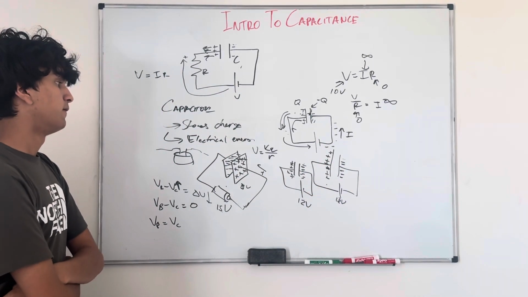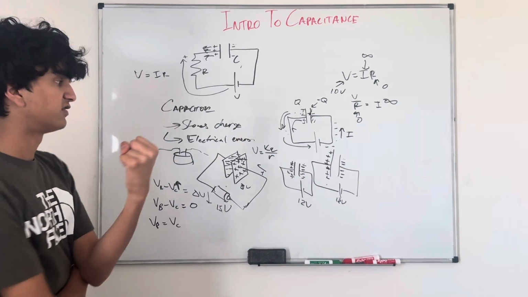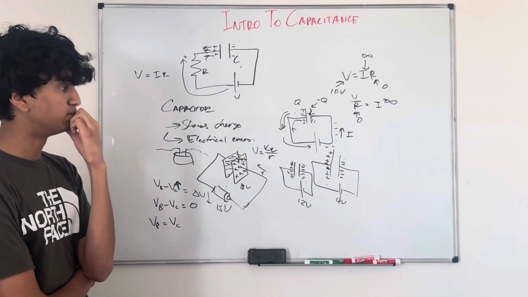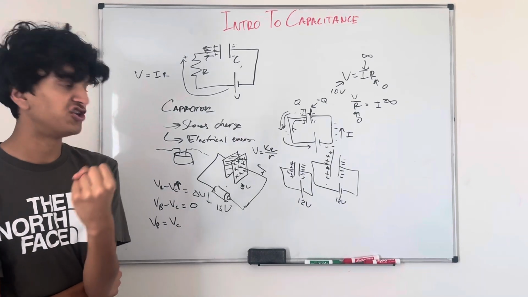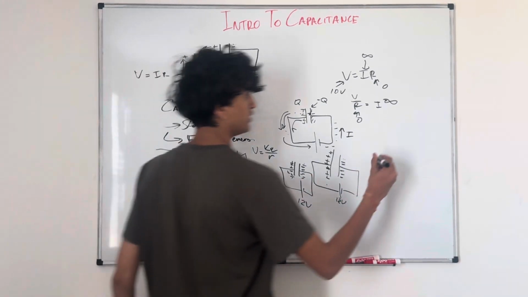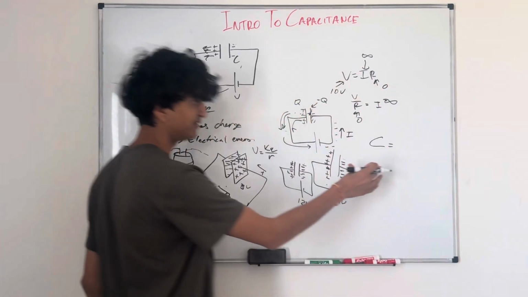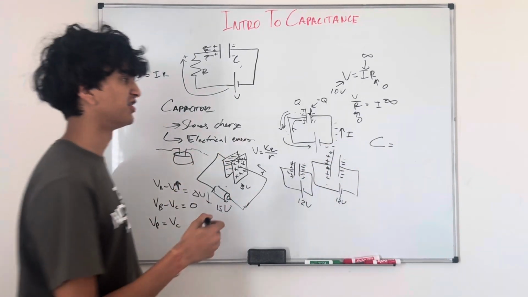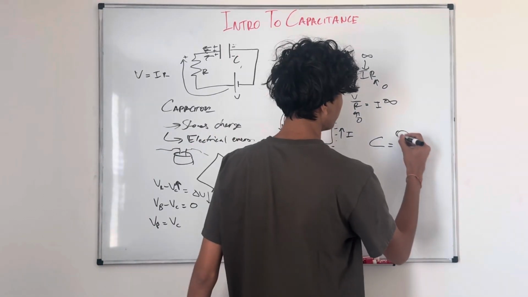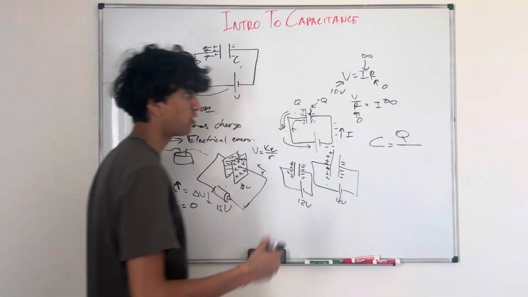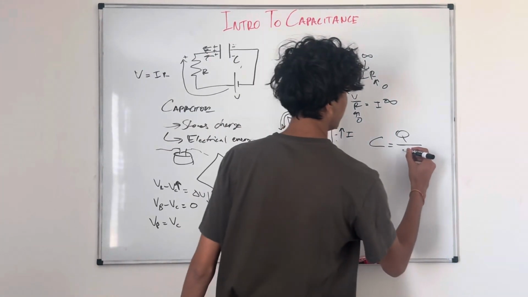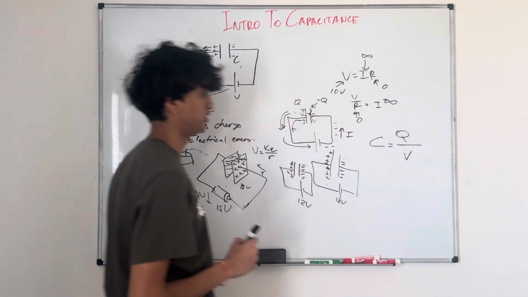So the capacitance of a capacitor depends on the area, but it's really like a ratio. C, the capacitance of a capacitor, is equal to Q, the amount of charge it can hold, over V, at a certain voltage.